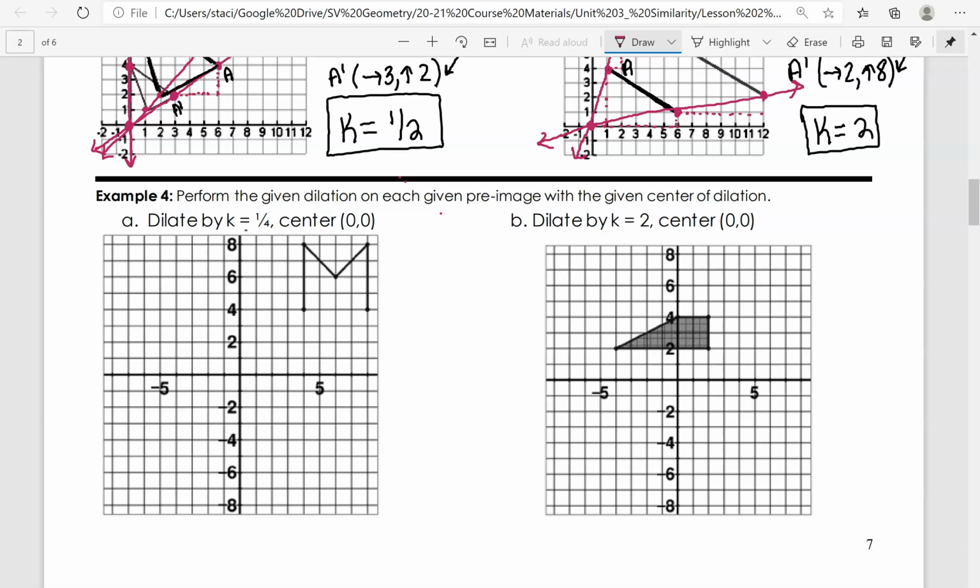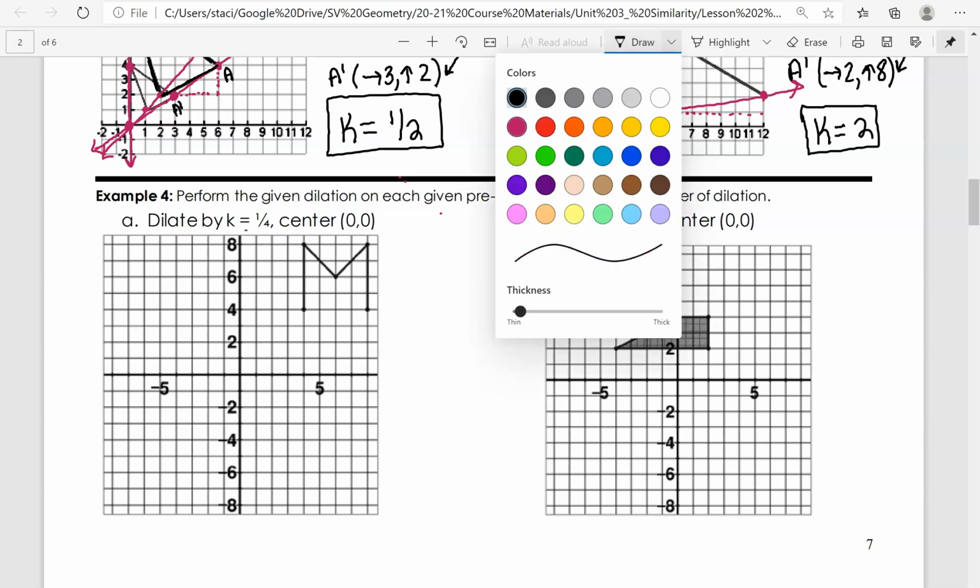So we're on page 7, and we're going to start with this first example. It says dilate by a scale factor of 1/4 if you know the center of dilation is 0, 0.